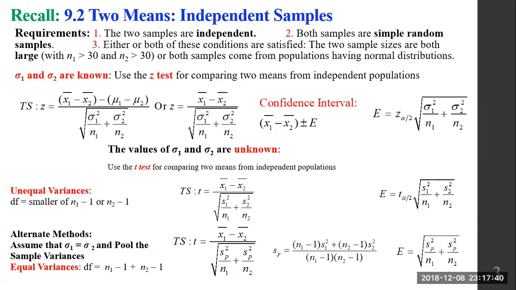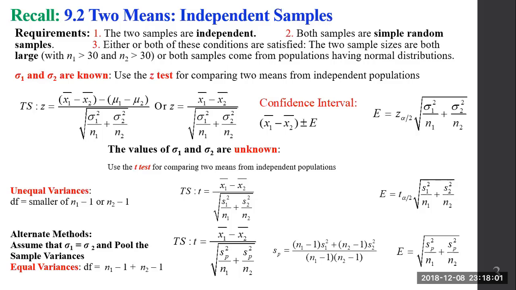What is S sub P? It's really the average, and the way the average is calculated is through a weighted average. That's why S sub P squared is n1 minus 1 times s1 squared plus n2 minus 1 times s2 squared, over n1 minus 1 plus n2 minus 1.